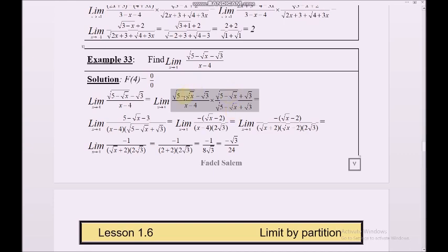Multiplying first by first, it's 5 minus x without a root, the big root. Then negative by positive, it's negative. Root 3 multiply root 3 is 3, and the denominator without any change. Above we have negative square root, and also we have positive 2, but inside the brackets I wrote it negative 2 because there is a negative sign here as a common factor.